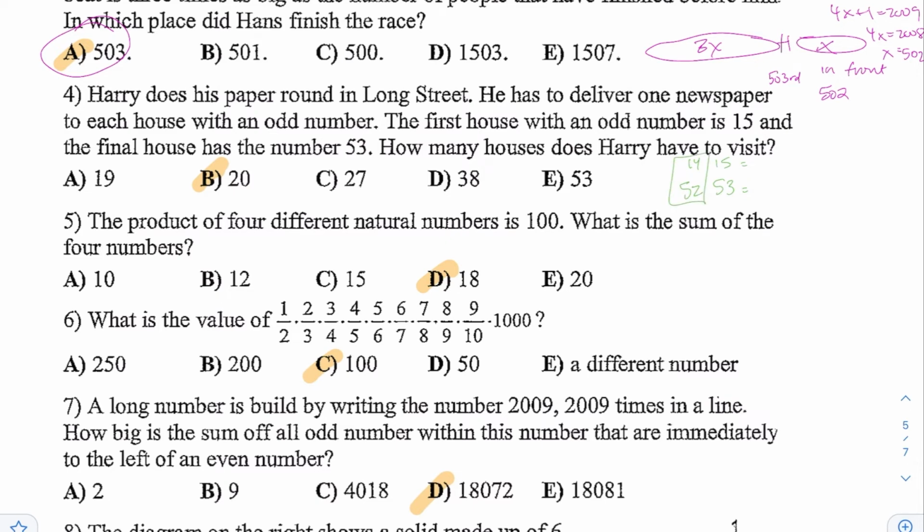So 14 is 7 times 2. So 15 is the number after that. And then 52 is 26 times 2. And 53 is the number right after that. So to go from the 15th to the 53rd, here you can either count forward or you can just subtract.